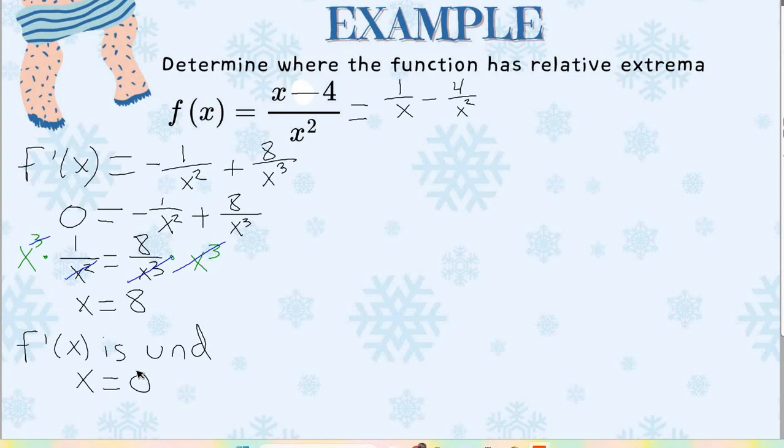So remember, this could be a relative min or max, okay? We're going to include it on our interval, so 0 and 8. But then when I get to the end, we're going to have to think back to what we started with. But we'll get there in a second.